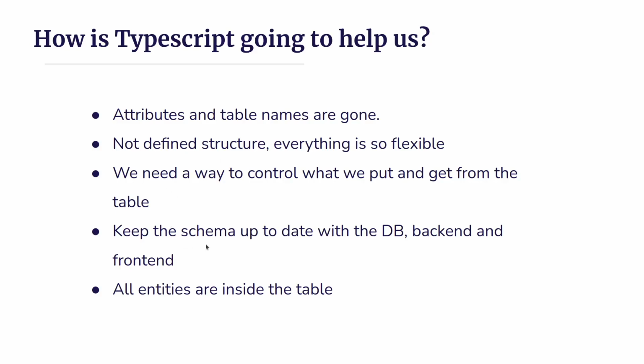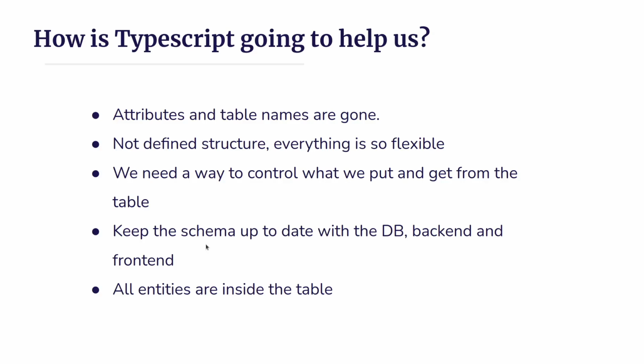We're going to have to keep the schema aligned with the database, the backend, and the frontend to be able to work, because otherwise, if you don't know which table has this primary key, partition key, and which attributes in the front end, how are you going to pull those attributes? It's going to get messy. So TypeScript is going to help us a lot to work better with the design.